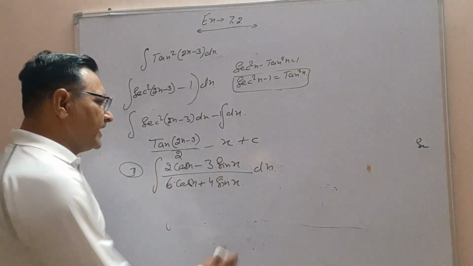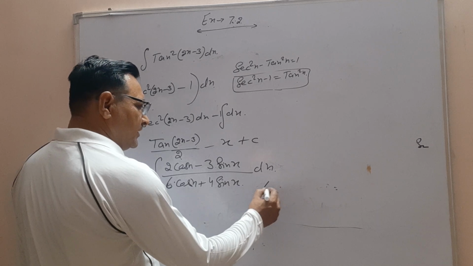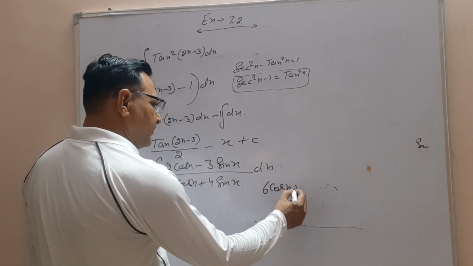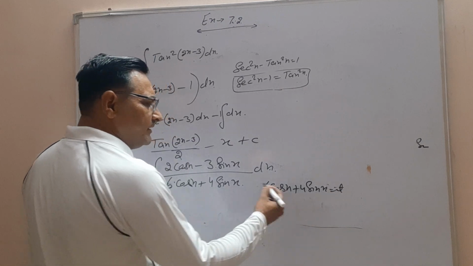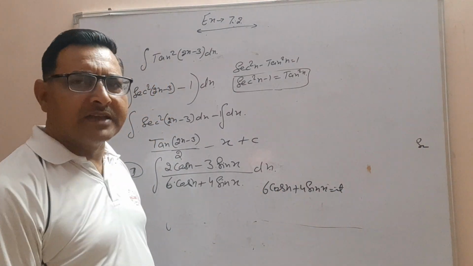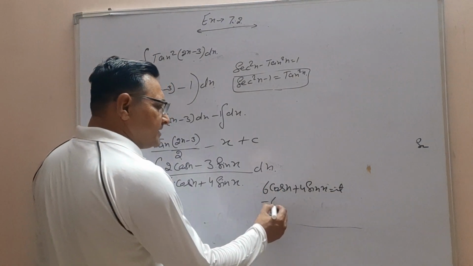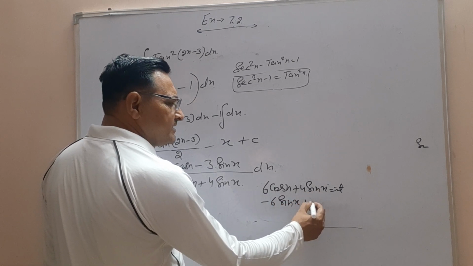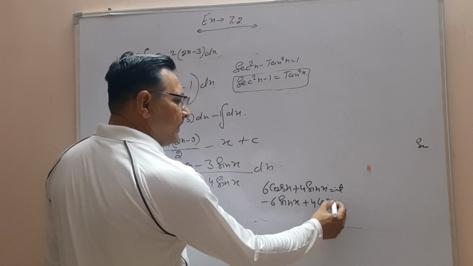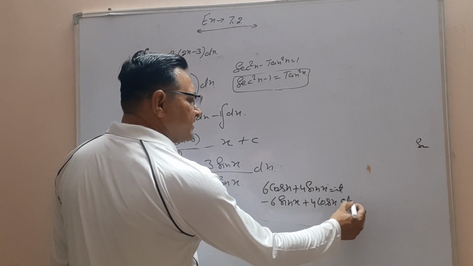How? So let's put 6 cos x plus 4 sin x is equal to t. What it will be? Derivative of cos x is minus sin x. It will be minus 6 sin x, and sin x derivative is cos x, into dx is equal to dt.